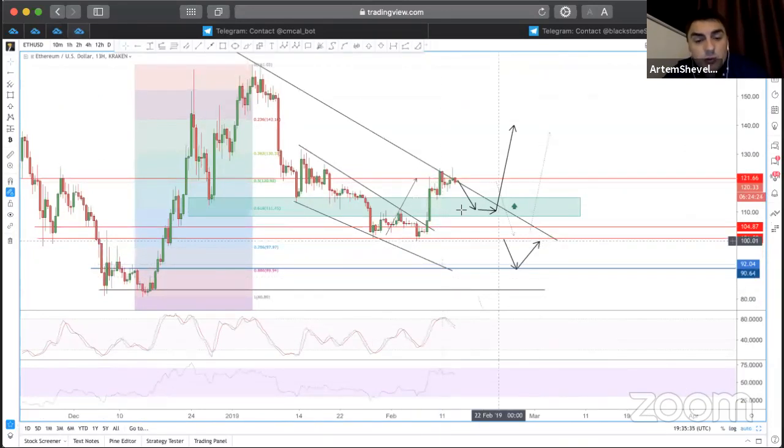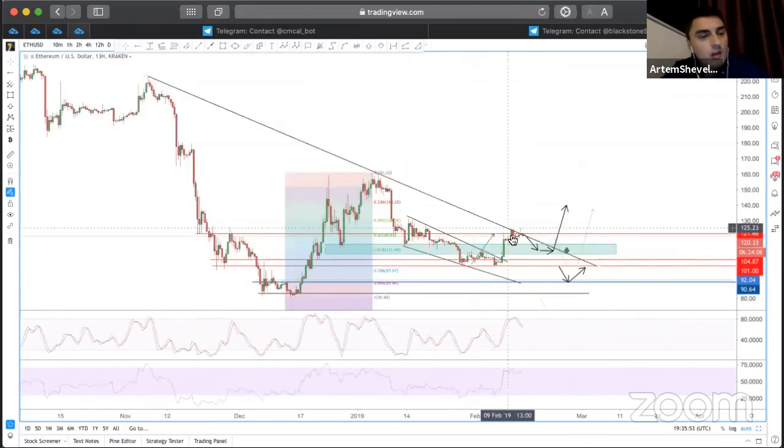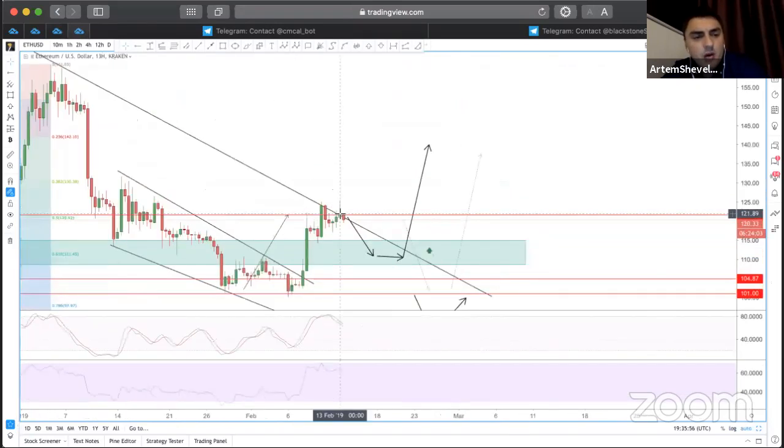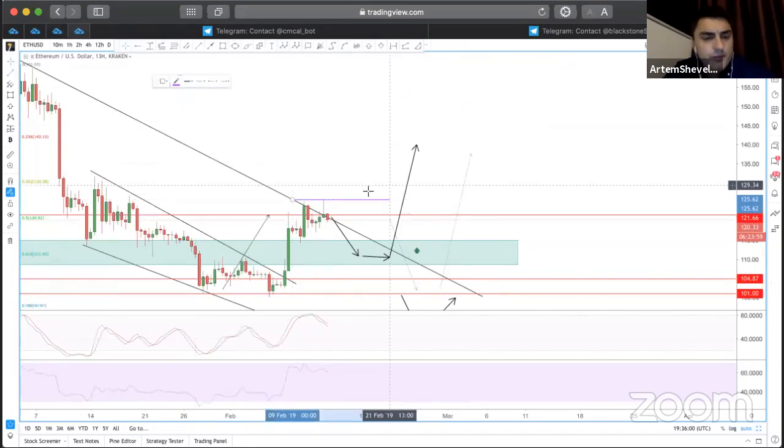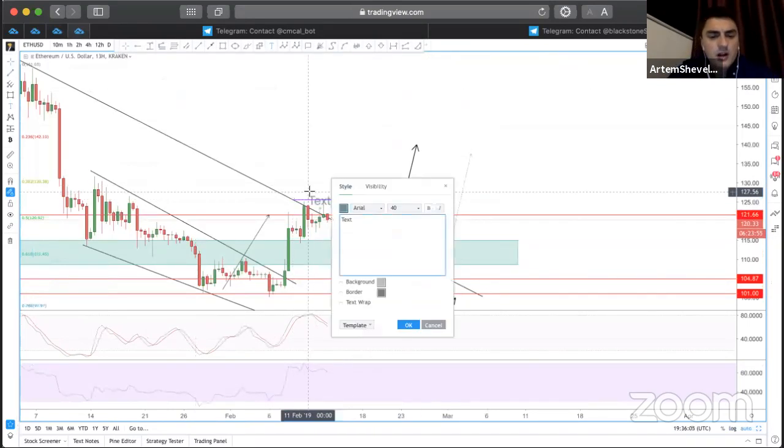But here is what we need to focus on: breakout. If breakout happens, we check the volumes, we check the RSIs, we check the indicators, and go long. Okay. Right now, if you're going to make some pump, we need to break out from the $125 mark, which is probably going to be harder to make.